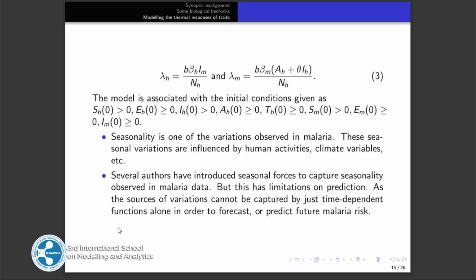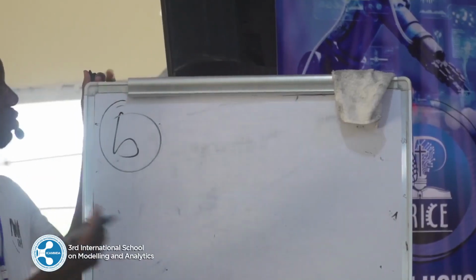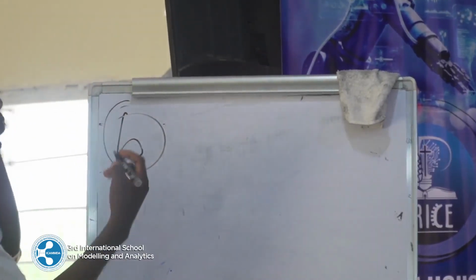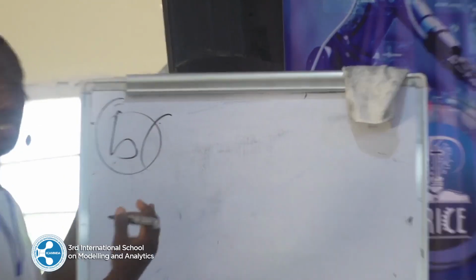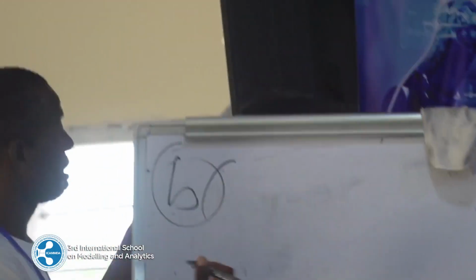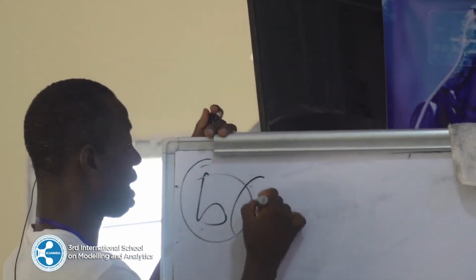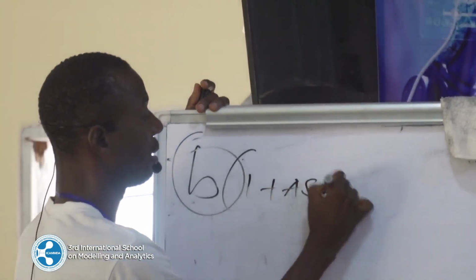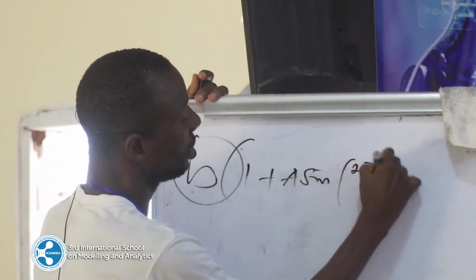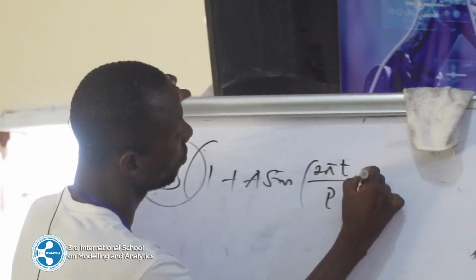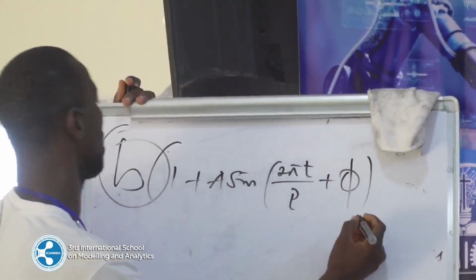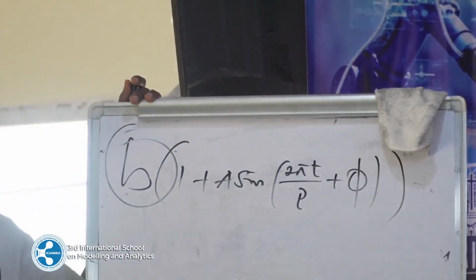For instance, now we have the biting rate, which is just a constant value. But because you want to capture seasonality, sometimes you introduce a seasonal function, what we call a seasonally forced function, something like 1 plus a sine of 2 pi t over p plus maybe a phase angle, for instance.